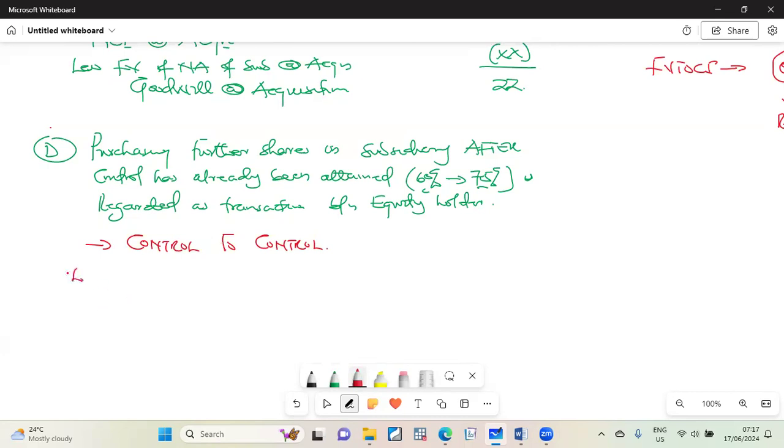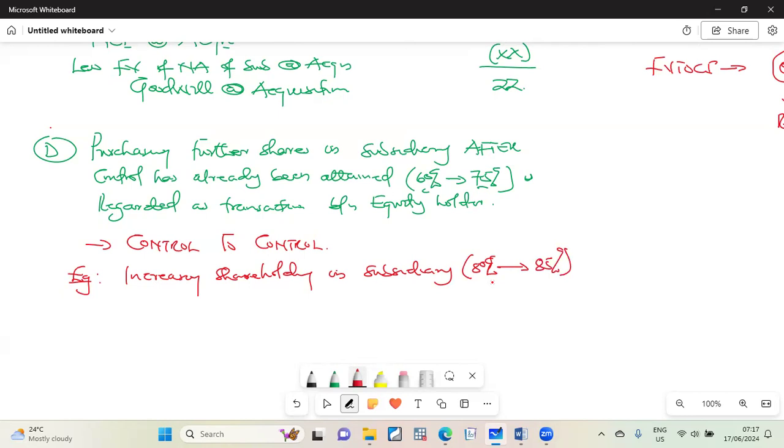For example, I have increased my shareholdings or my equity interest in subsidiary. Now, let's say that I had 80% already. And now I have moved to buy extra 5, meaning I have 85.